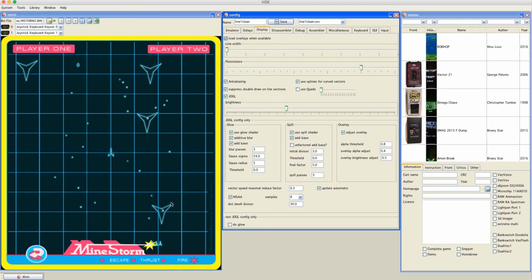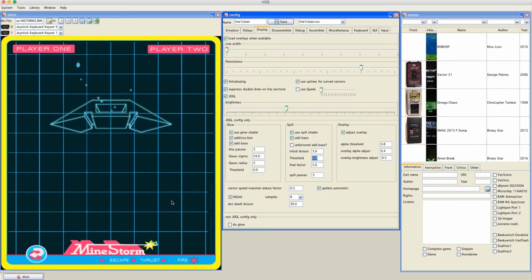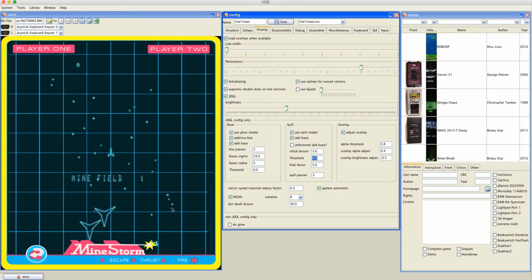And the spill shader now has a threshold that you can determine here, and if the brightness on a pixel is brighter than the threshold, then the brightness of the pixel is distributed to all neighboring pixels.